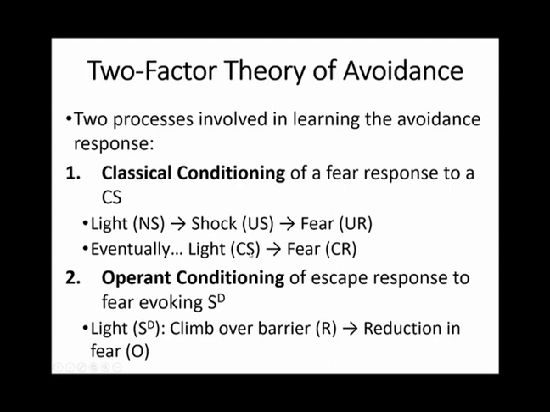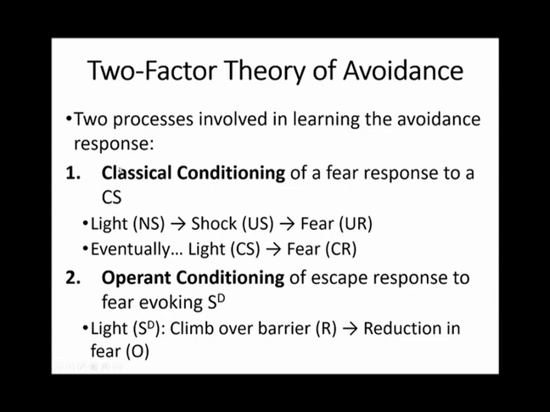where they know that that light happens before the floor becomes electrified, and so they can respond to the light itself rather than waiting for the discomfort of that aversive stimulus, and they can perform a conditioned response, that fear response, and they could run to the other side of the cage.